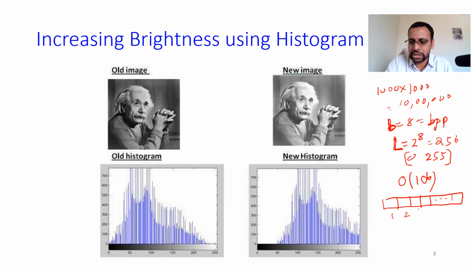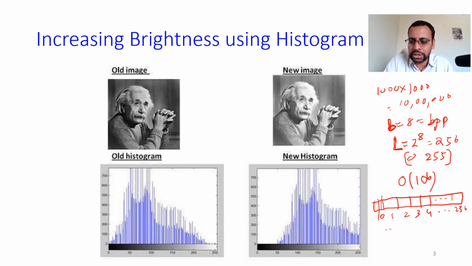Your indices would go 1, 2, 3, 4, up to 256. Or maybe to keep things simple, you keep 0 also here. Indexing would start anyway from 1, but your intensities could start from 0.